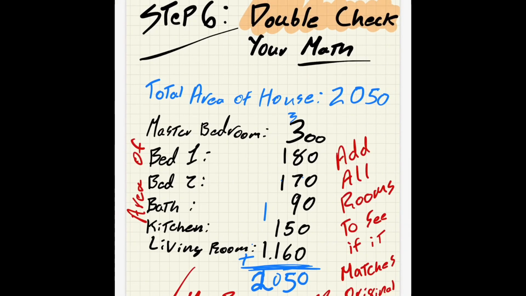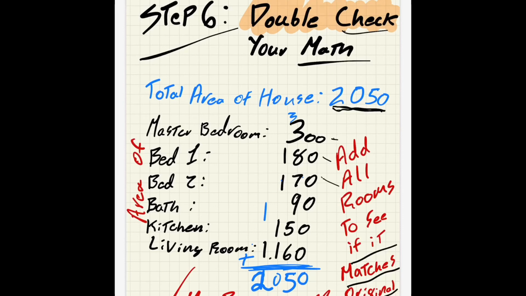Now I want to double check my math. The total area of my house, as I calculated, was 2,050 back in step 2. Now if I add up the areas of all the rooms inside my dream home, if it matches my original, then I'm all good. So my master bedroom, I said, was 300. My bedroom was 180.